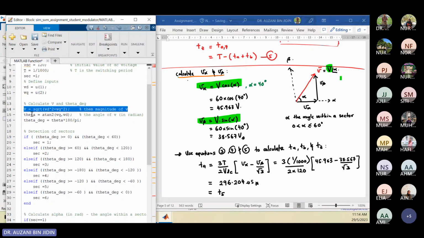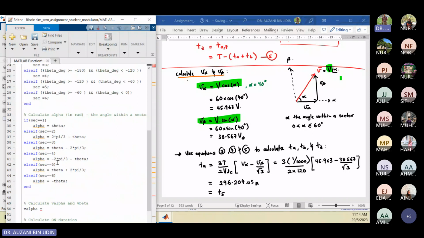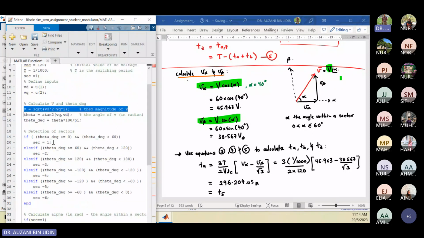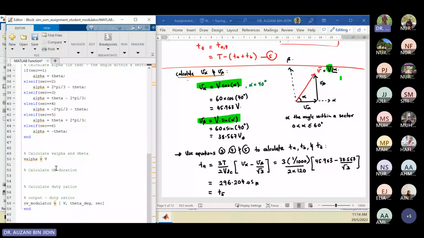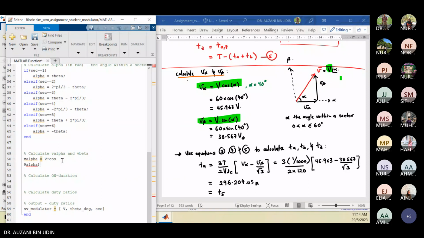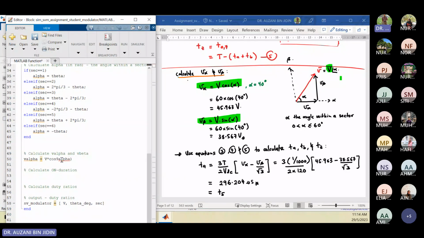Then you apply the variable V, capital letter V, multiplied by cos of alpha. Don't forget to put the semicolon.